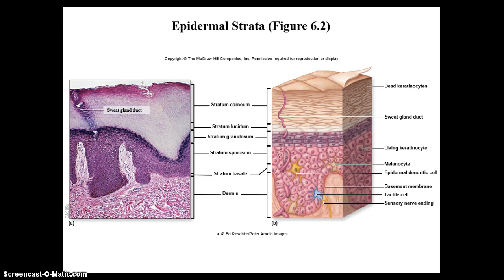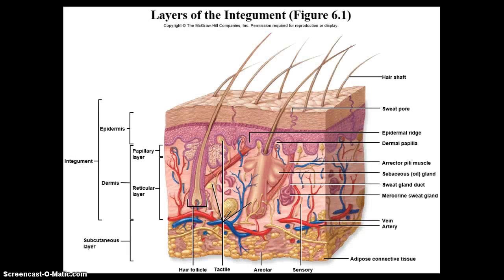The second layer of the integumentary system is the dermis. The dermis is inferior to the epidermis, or deeper to the epidermis, and it is made of dense, irregular connective tissue. There are 2 layers of the dermis. The first superior layer of the dermis is the papillary layer, also known as the areolar layer, and it is made of areolar connective tissue.